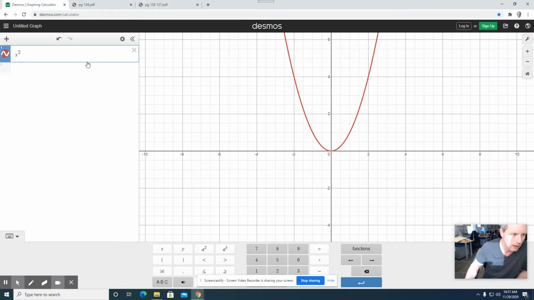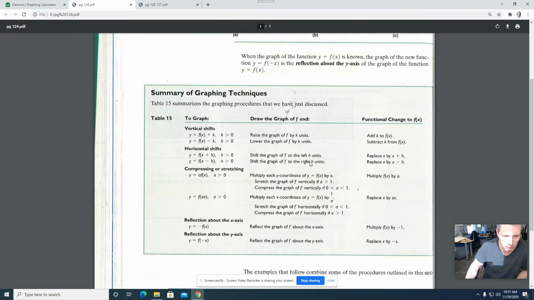Again, here's my original function. If I want to shift this graph to the right, say 4 units, so I take this graph and shift it over to here, then I need to replace my x by x minus 4.